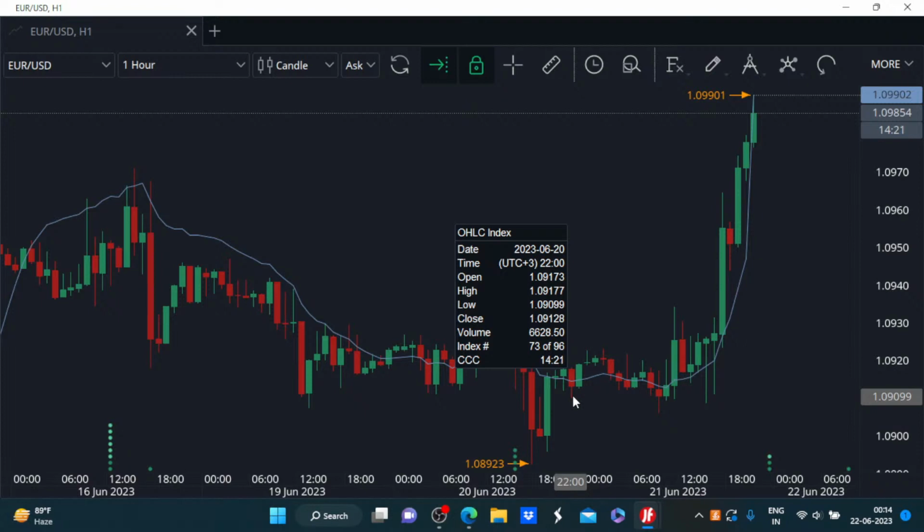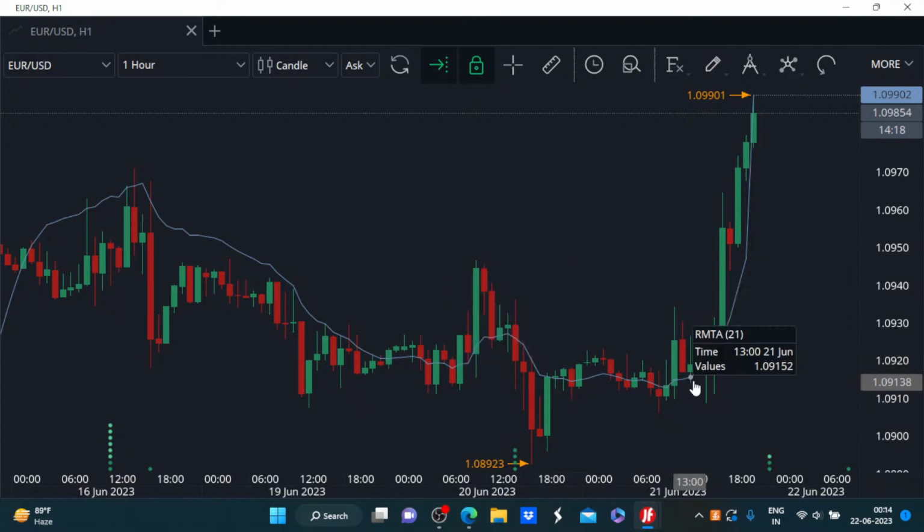But eventually, it did rally substantially from these levels to now almost close to 1.1. So, if you had gone for these trades after having seen the Euro USD being able to hold above the RMTA indicator, then I think you would have stood a better chance.